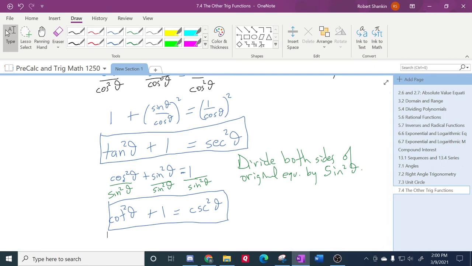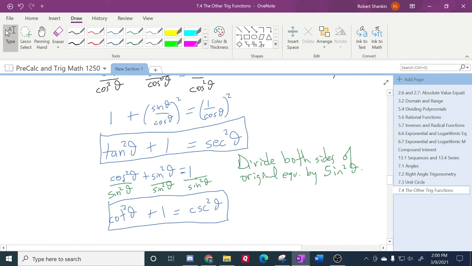And then finally I realized what worked for me, might not work for you: tangent is a lot more complicated than secant. Secant is just 1 over cosine. Tangent is sine over cosine. It has both of those trig functions in it. All right. So you add 1 to the more complicated one, and it simplifies down to the less complicated one over here. And that helped me remember it.